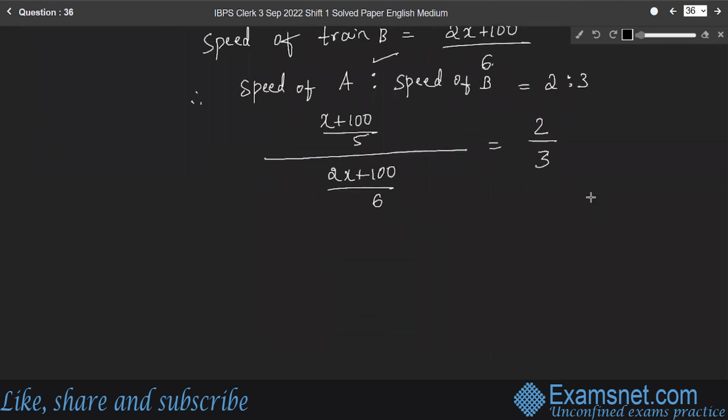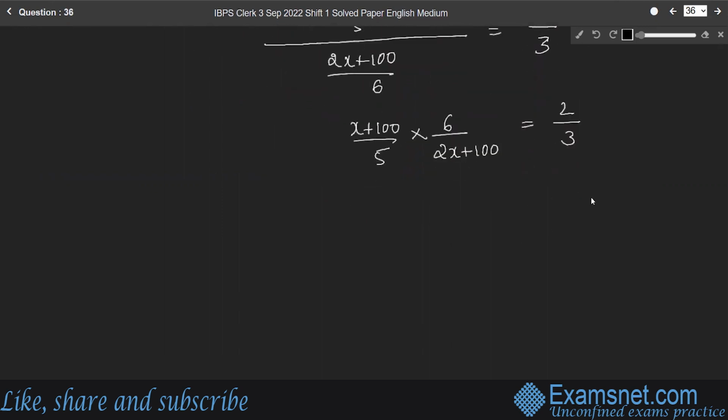So here x plus 100 by 5 into 6 by 2x plus 100 is equal to 2 by 3, right? So here the numerator part 6x plus 600 divided by 10x plus 500 is equal to 2 by 3.